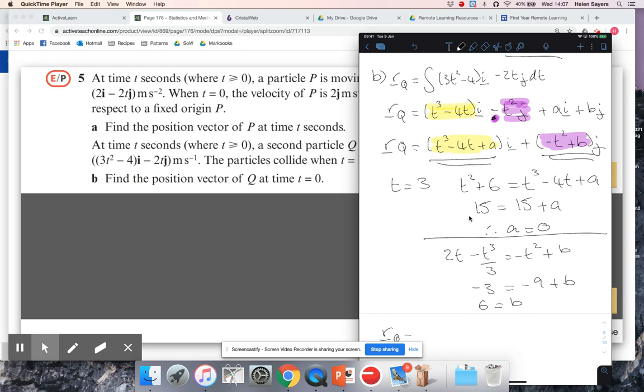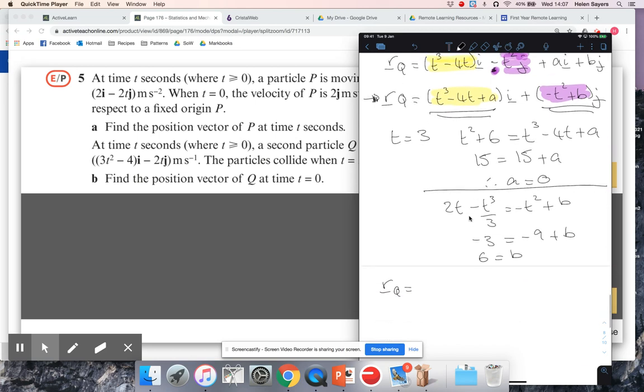Okay, so the full position vector for Q going back to this line, is t cubed minus 4t, and we got that a was 0, so that's my i component, and minus t squared, and we got that b was 6, so plus 6j.